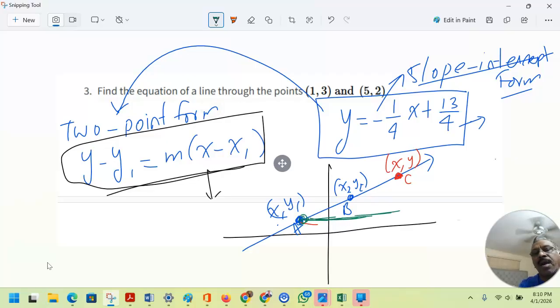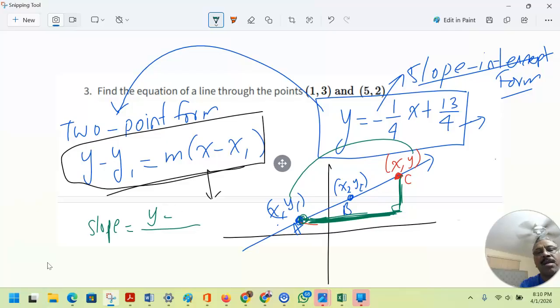From A, what is the slope of this line? I can do it two ways. One is rise over run. See, this piece that you see here, the change in the y, that means y minus y1. So the slope is the difference y minus y1, and then x minus x1. This is one slope, okay?